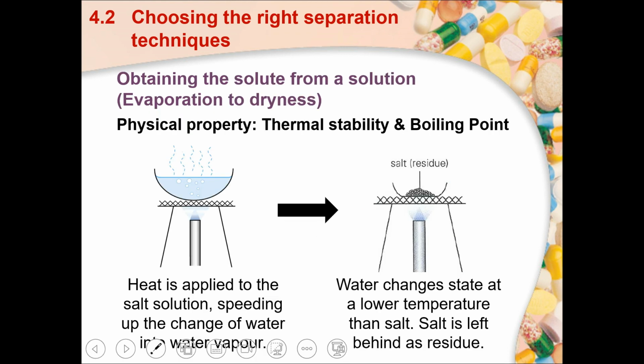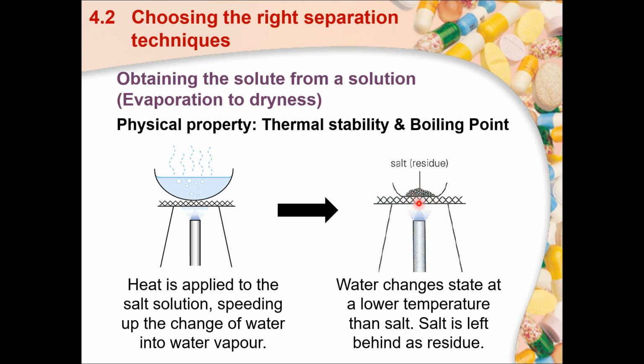So the next method that we learned about after filtration is evaporation to dryness. How this works is we use a Bunsen burner or some sort of heat source and we heat up a mixture of some kind. This mixture will then have a lot of its liquid evaporate away. So the water in this case will evaporate away, it becomes water vapor, and that leaves a residue of salt that we are unable to evaporate.